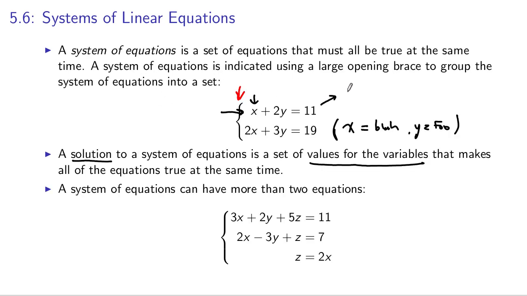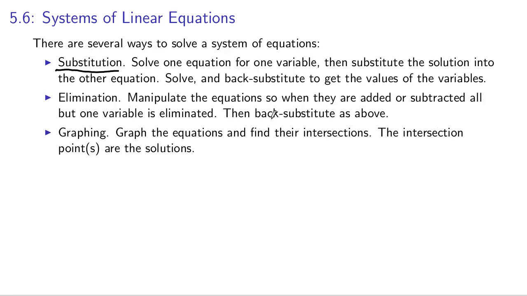So imagine we would have x equals 11 minus 2y. Substitute that into the second equation. This creates an equation with one variable. Solve for the variable, get the solution for y, and then back substitute what we got to find the value of the other variables.